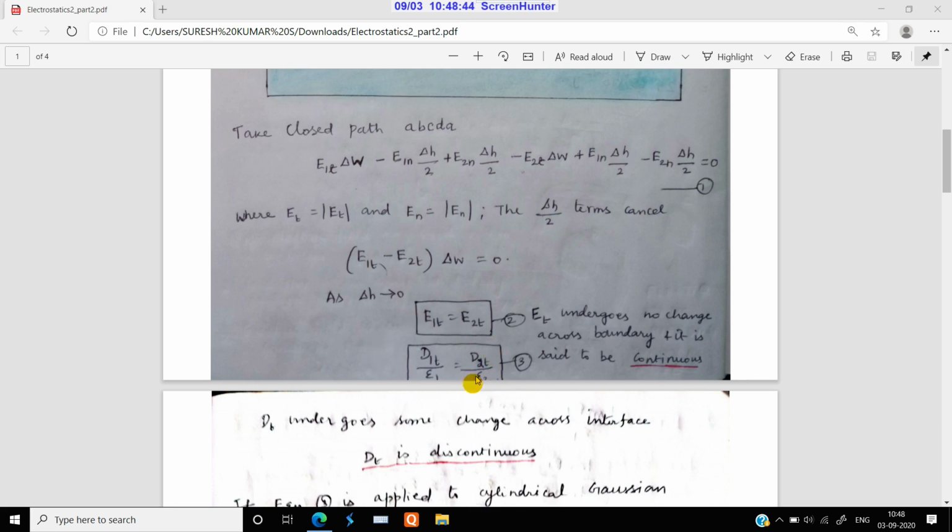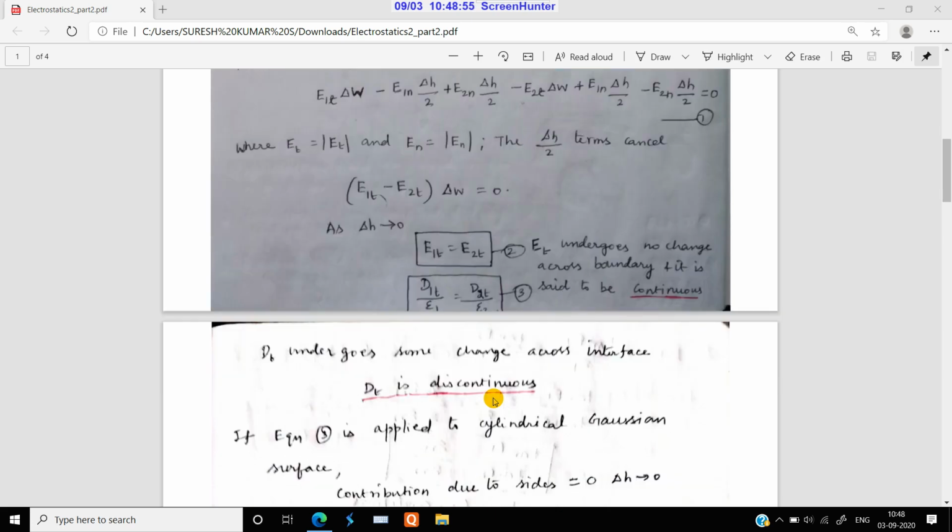Here we can notice that if epsilon 1 and epsilon 2 change in some manner, then Dt undergoes some change across the interface, because epsilon 1 and epsilon 2 are not equal. The terms along E1 have to be changed by the epsilon 1 and epsilon 2 values, so that D1 and D2 also change in order to make E1t and E2t equal.